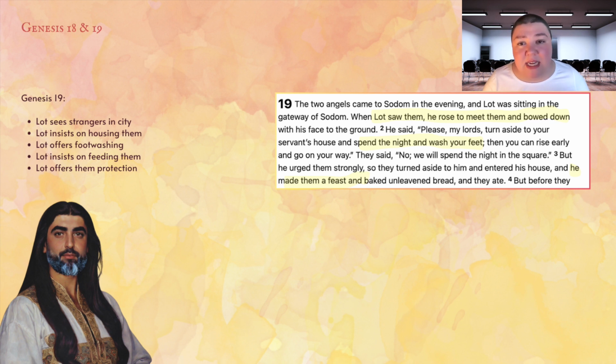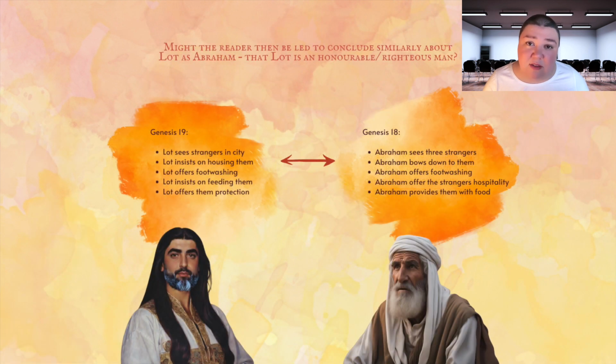And chapter 19 tells us a story with a very similar pattern to chapter 18. Strangers come to the city, Lot meets them and bows down, Lot insists on housing and feeding them, he offers them protection, very much mirroring the actions of his uncle. Might the reader then be led to conclude similarly about Lot as Abraham, that Lot is an honorable, a righteous man? One might assume so.